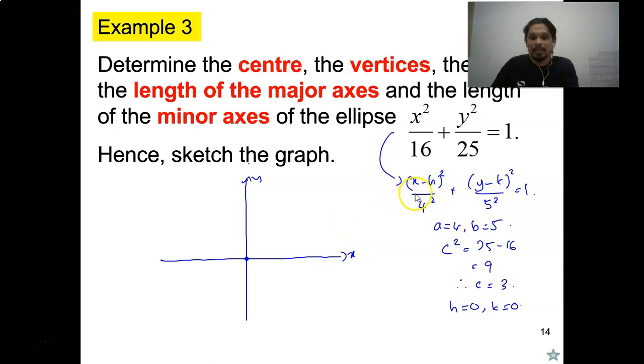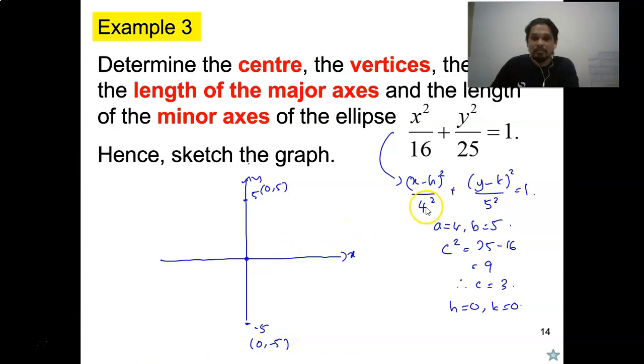Then next is 5 belongs to the y. So from here, move 5 units upward, and move 5 units downward, negative 5. So this is a coordinate of 0 and 5, and this is 0 and negative 5.